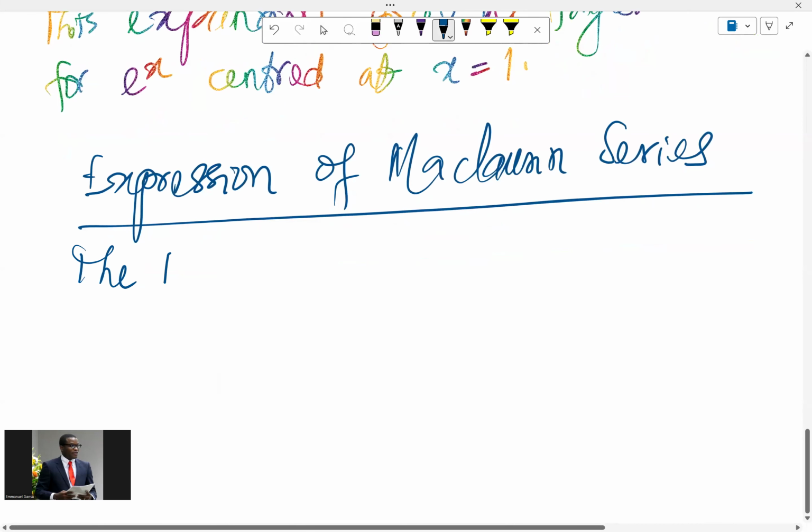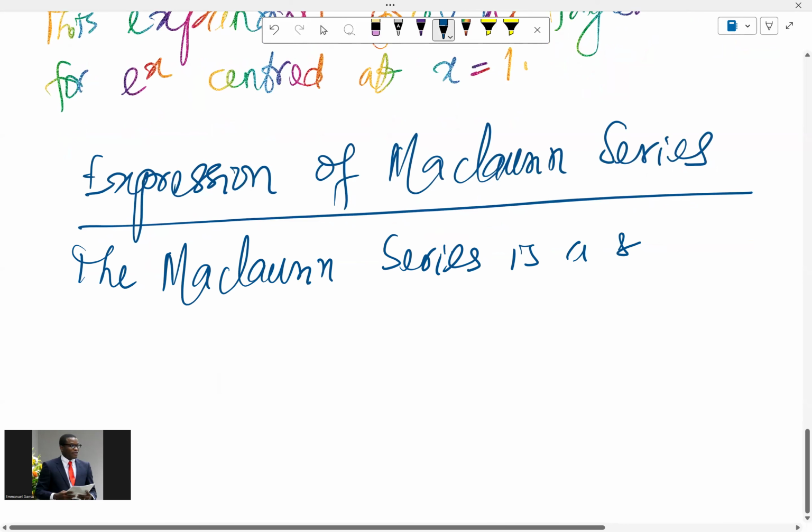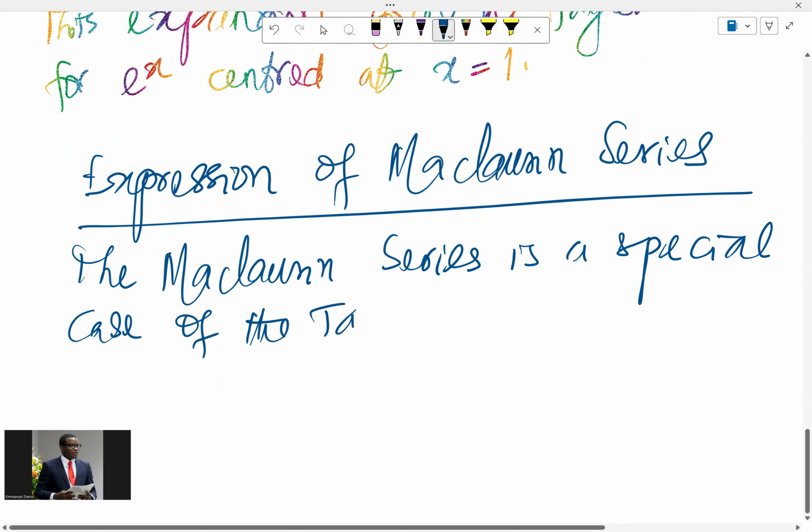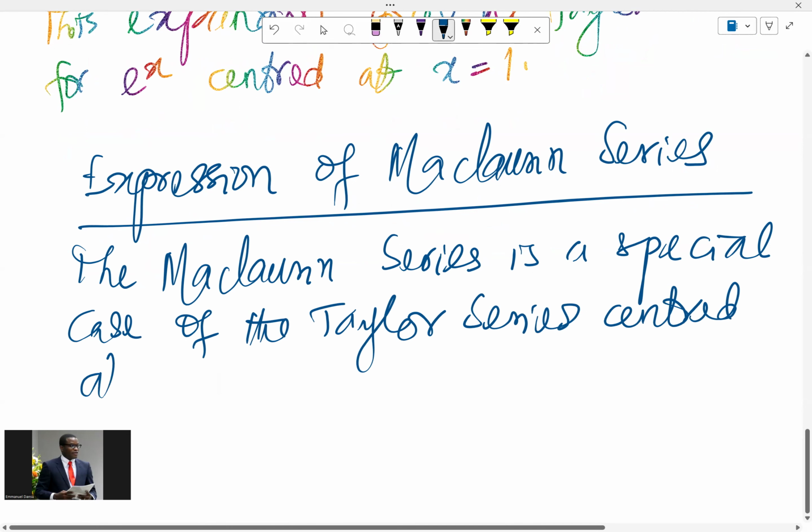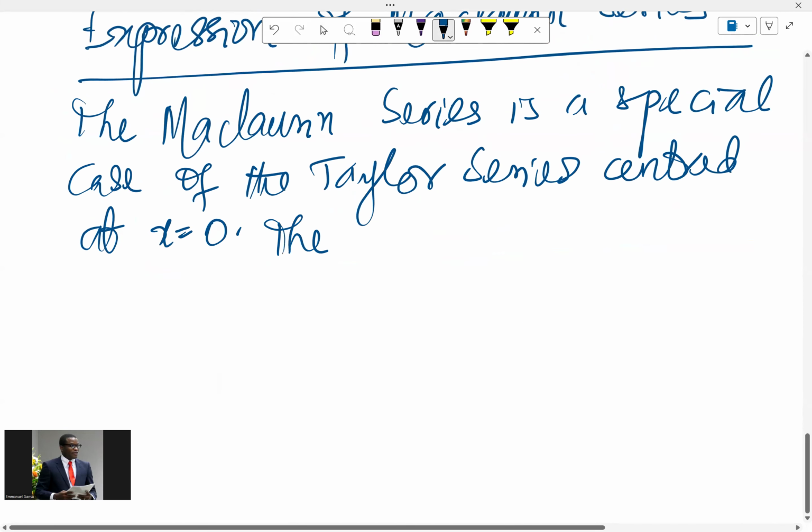So the Maclaurin series is a special case of the Taylor series, centered at x equals 0.